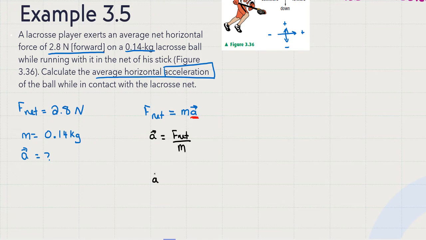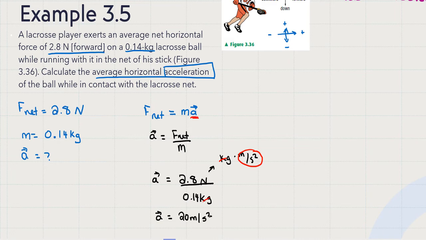So acceleration is equal to 2.8 newtons over 0.14 kilograms. And this is a good point to remember that newtons is kilogram meters per second squared. So these kilograms will cross out, and then you're just going to be left with your unit of acceleration. So then our acceleration is going to be, to 2 sig figs, 20 meters per second squared.